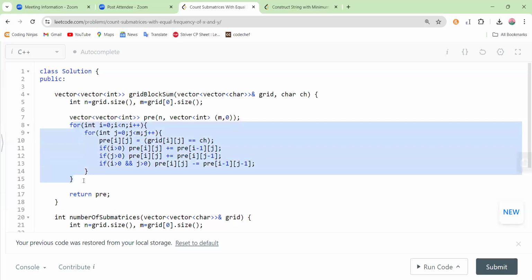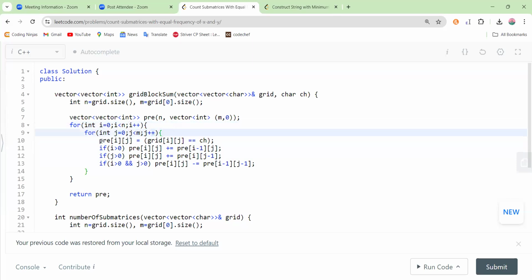Now we went traversing over all the rows and columns. So for int i equals 0, i less than n, i plus plus, j equals 0, j less than m, j plus plus. Can I say that prefix of i of j, first of all, if the character present in the grid at i, j position is equal to the character ch, that is the character whose frequency we are going to find, then we need to initialize pre of i of j with 1 in that case.